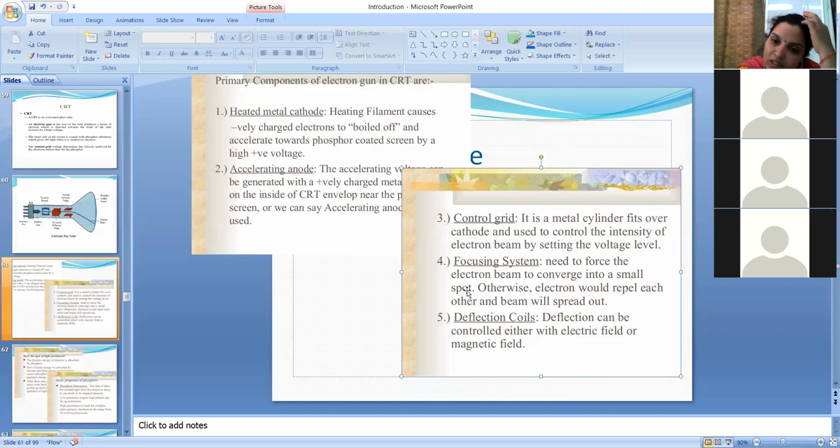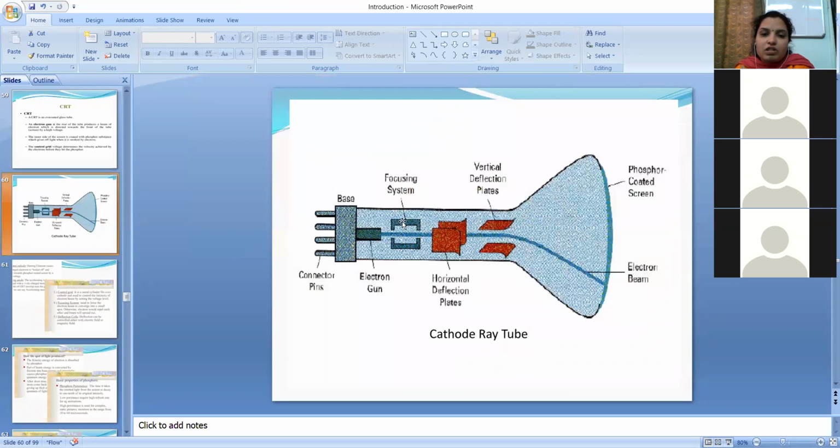Then the focusing system. Just now we have seen this focusing system. Whenever the electrons are in one path, they repel each other because all electrons are negatively charged.